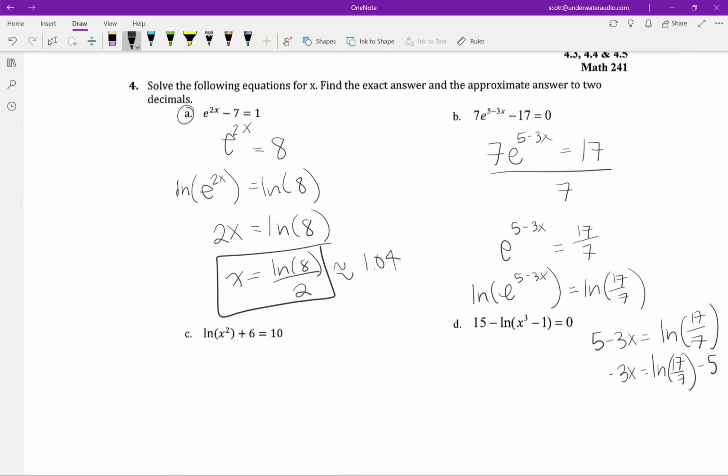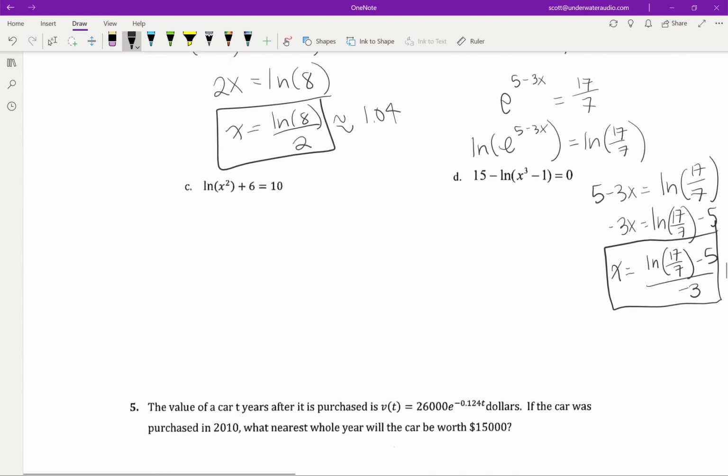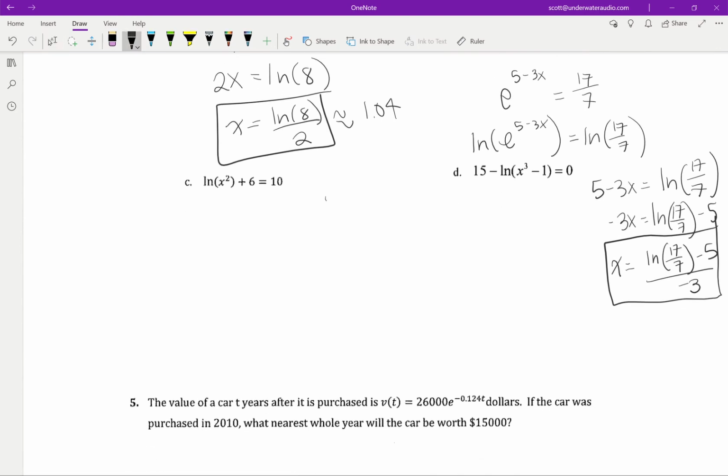Minus 5, divide by negative 3, x equals all of this divided by negative 3. So I could put this in a calculator, but I'm kind of lazy and I will let you do that. Let's do number 7. I'm just going to put a line here to separate 7 and D.